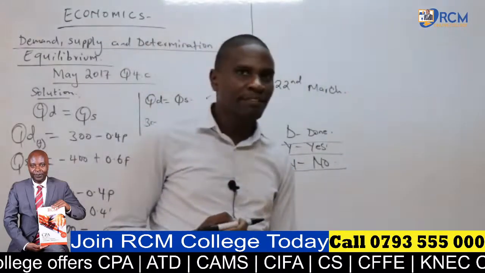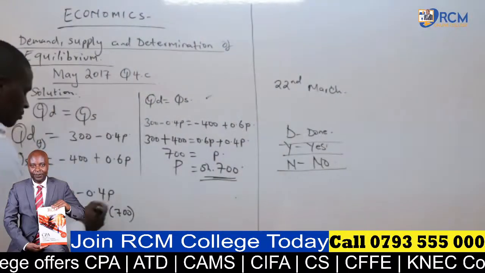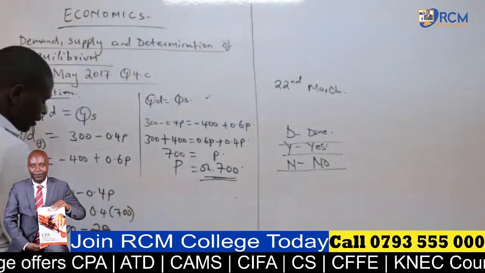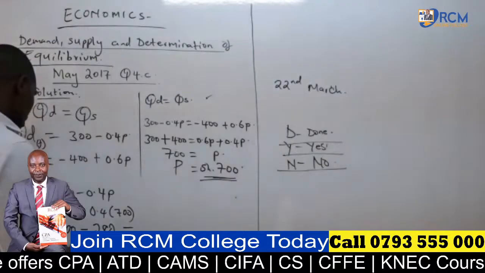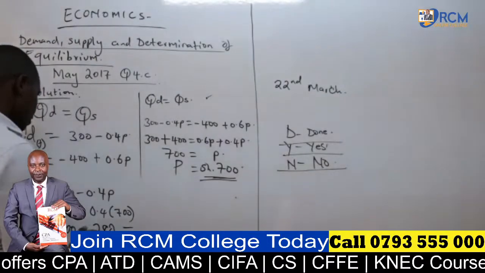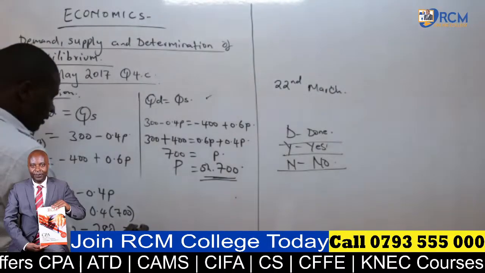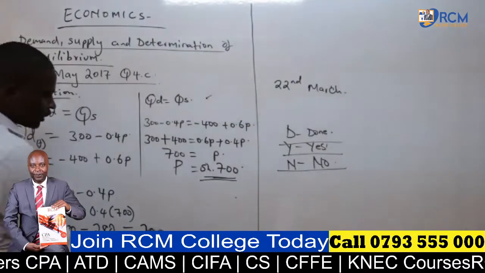Hiyo ni kama 7 times 70 times 4. 280. So we have to subtract 280. If I take 300 minus 280, the quantity in units is how much? 20. And you should indicate 20 what?